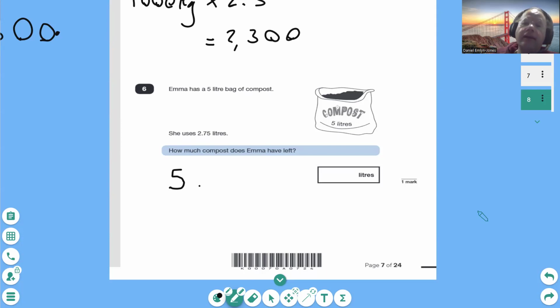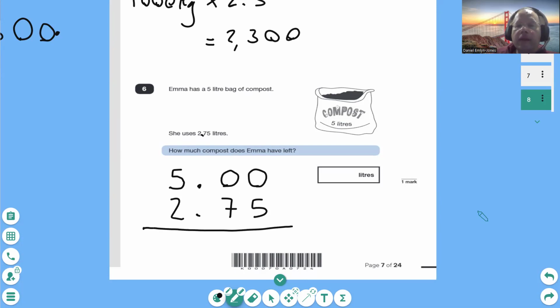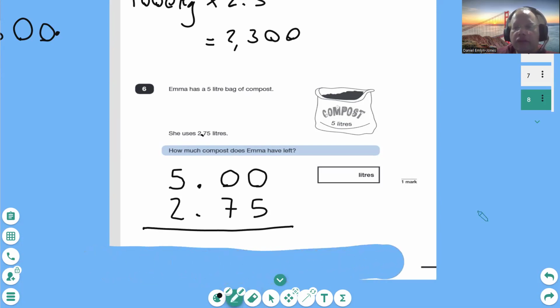So it comes at the end, which is there. 2.75, where's the decimal point there? Well, it's obvious where it is because they've written it. So we do 5 minus 2.75. And don't be scared of decimals. You do them just like any other sum, but just remember to put your decimal point there, that's all.